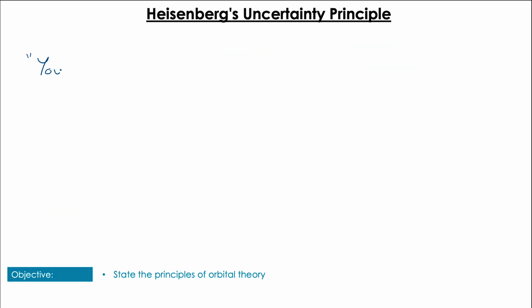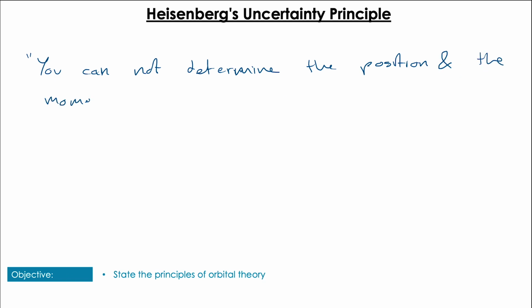So this theory stems from Heisenberg's uncertainty principle, with the evidence at the turn of the last century that you couldn't determine both the position and the momentum of an electron. Einstein was famously quoted as saying, "God doesn't play dice," in response to this, believing that we would eventually find some kind of way of measuring both of these properties.